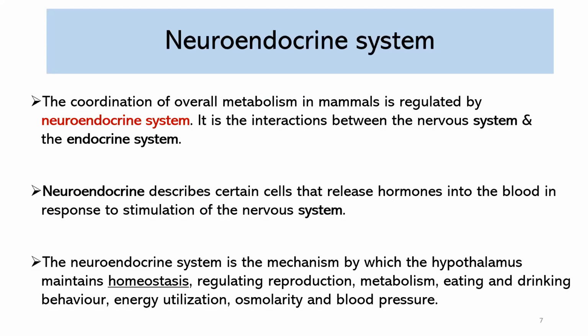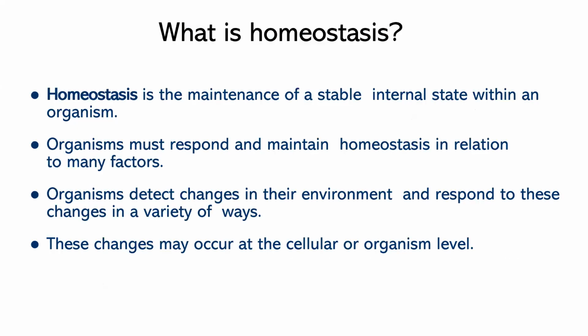So we talked about this word homeostasis, and let's see what this actually means. Having the state of a person be in a normal or regulated manner is homeostasis. There can be a lot of changes: temperature changes, food changes.